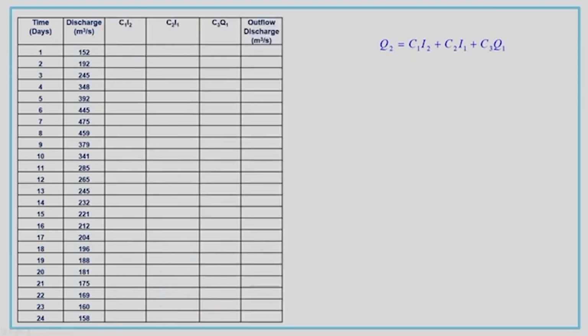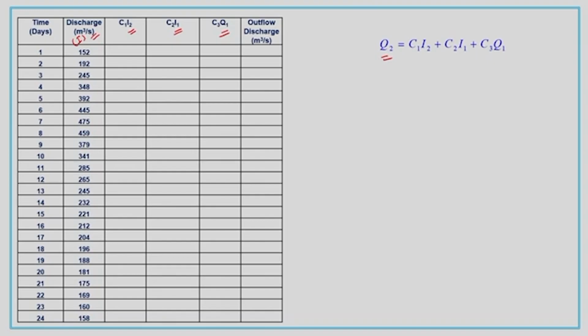So we can calculate different values for the computation of Q2, that is C1 I2 plus C2 I1 plus C3 Q1. I1 and I2 are given here. These are the values corresponding to I, and we can calculate C1 I2, C2 I1. C3 Q1 can be calculated based on the initial value of Q1, and that will be the Q value at the beginning of the next time step.